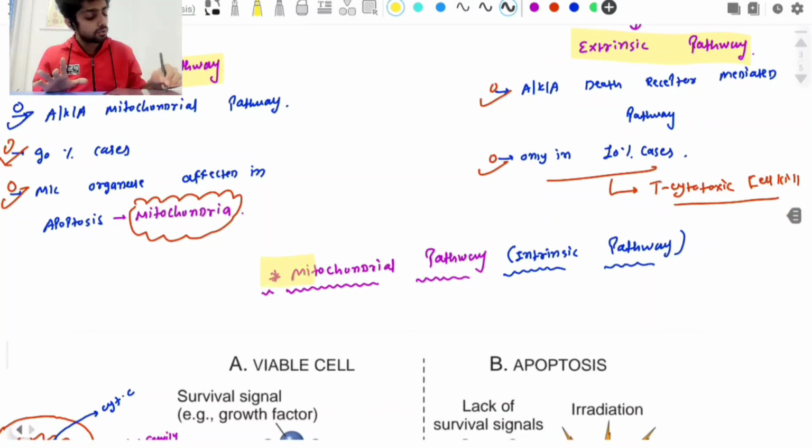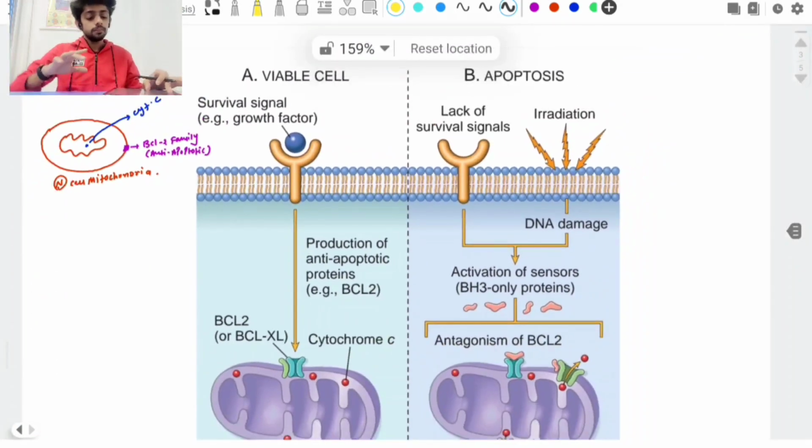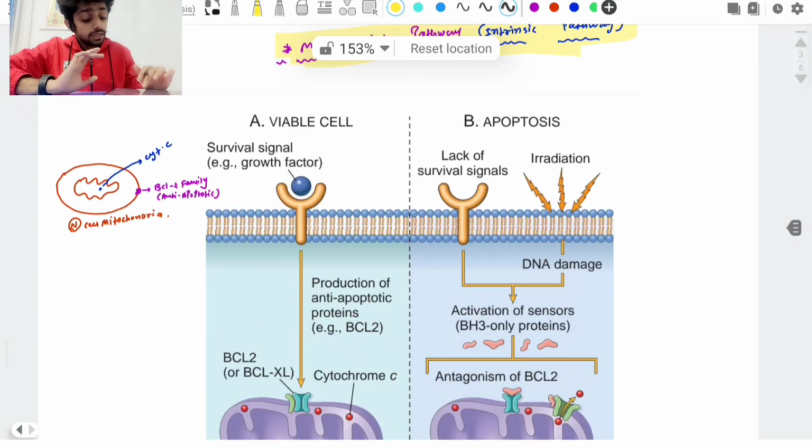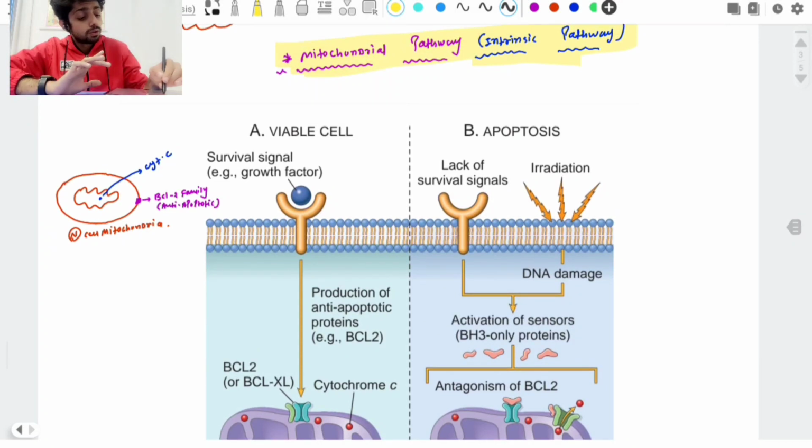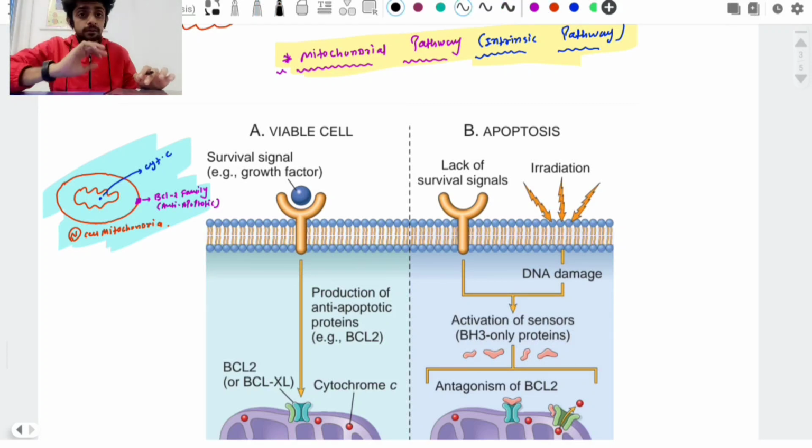What is meant by the mitochondrial pathway, also called the intrinsic pathway? Remember guys, here I draw one mitochondria. Normally the mitochondrial inner membrane has one very important protein, cytochrome C, that is always present inside the mitochondria.